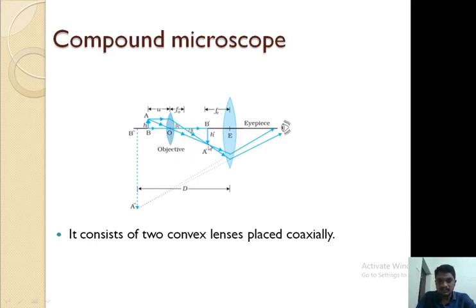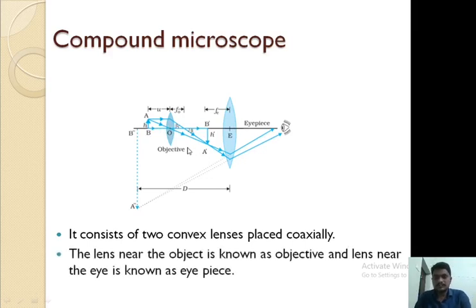This compound microscope consists of two lenses which are placed coaxially, so the principal axis is the same for both lenses. One of the lenses is known as the objective, the lens which is close to the object, and the lens which is close to the eye is known as the eyepiece.